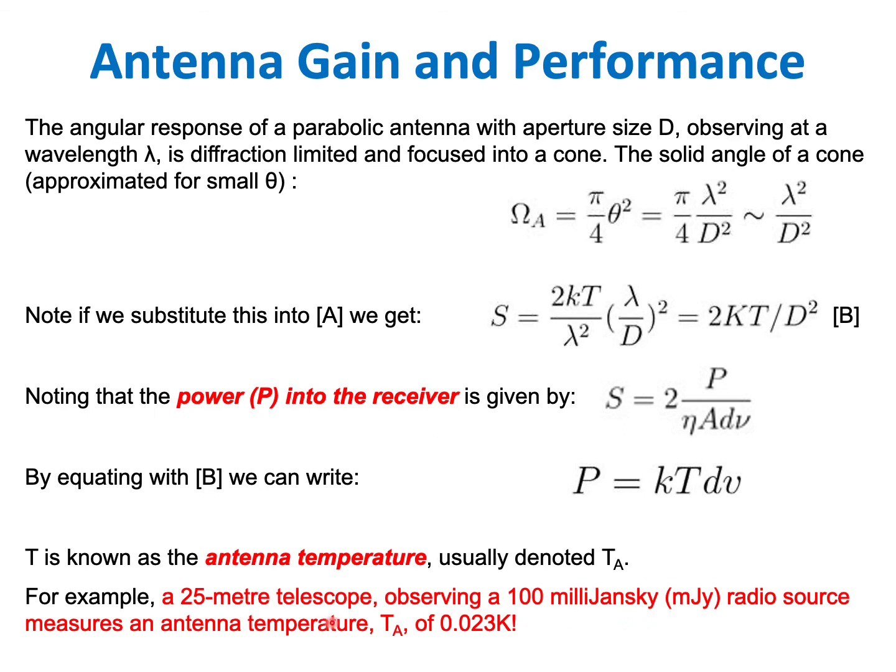If we have a 25-meter dish observing a 100 millijansky radio source, the antenna temperature we measure is 0.023 Kelvin. So that source is seeming to heat up our antenna by 0.023 Kelvin. And that's the power we're measuring. It seems to equate to that much of a change in the temperature of our antenna.